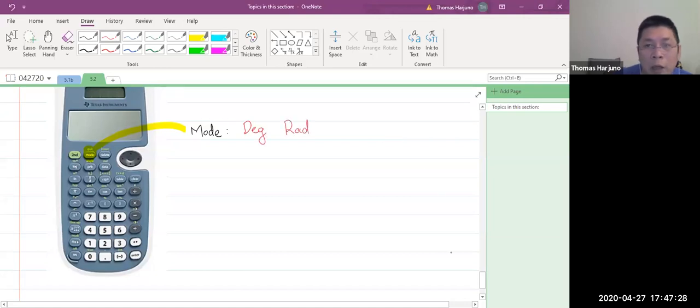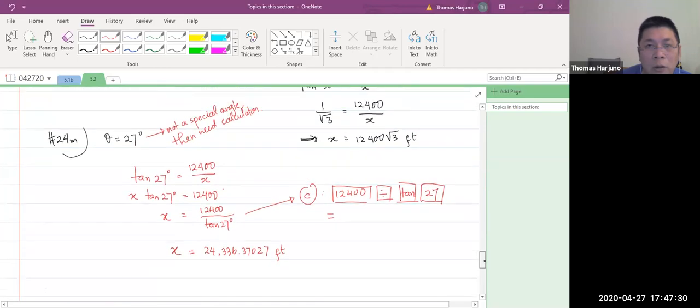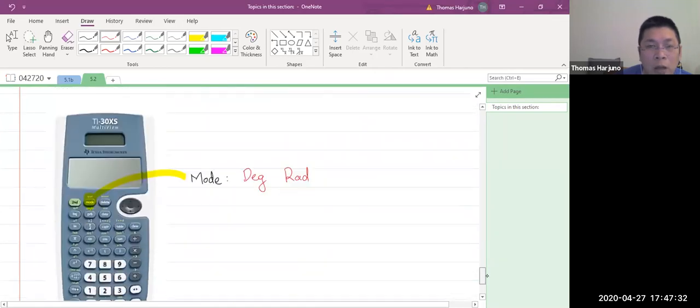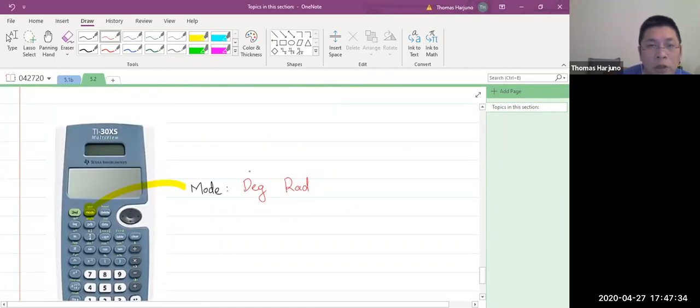Okay. Now, every time you deal with an angle, pay attention if it uses degree mode, degree sign. Okay. This has degree sign. In the angle, the one here does not have degree sign.